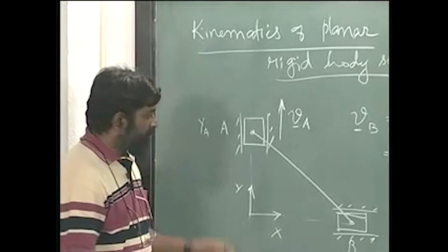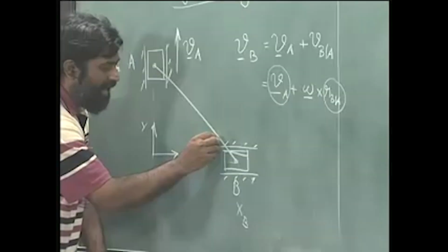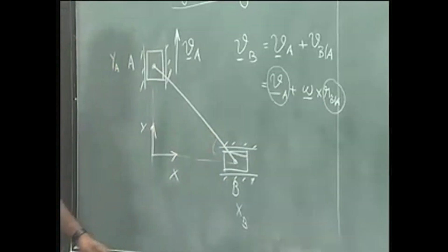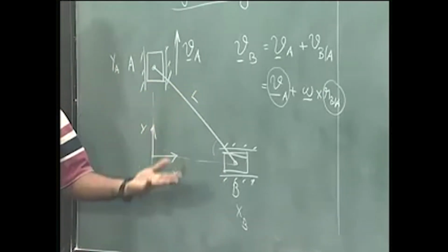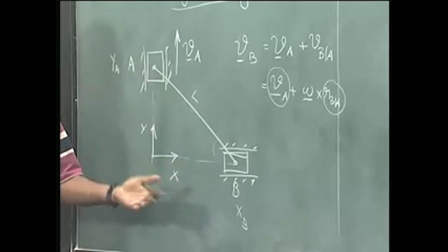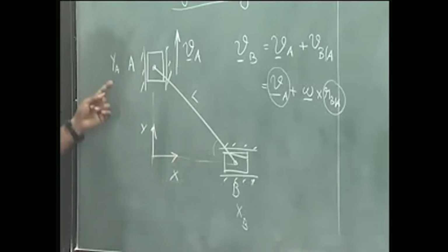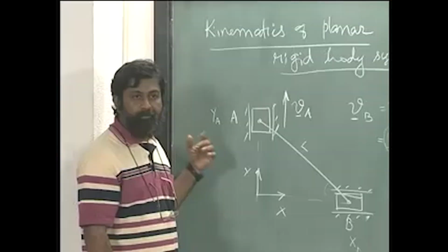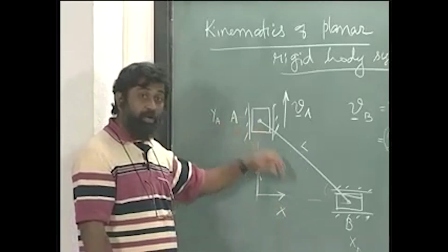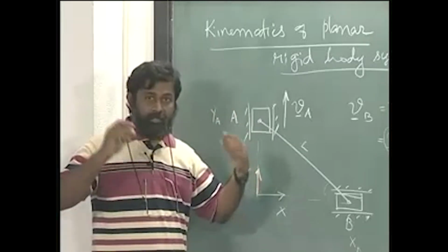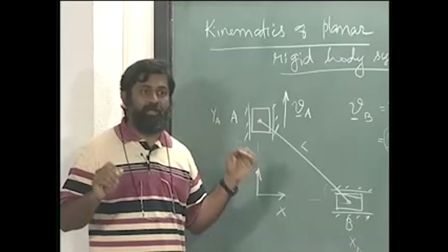Sometimes this is given, sometimes the angle is given. The length is given and the angle is given. Any two geometrical values are given, length and angle, or XA and YA, XB and YA. Given this, the geometry of the current location, remember what I am using here, current location is known.